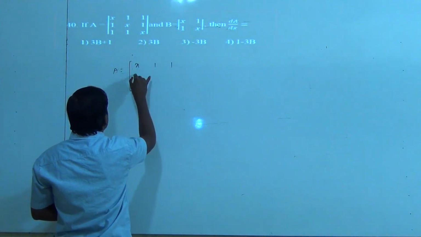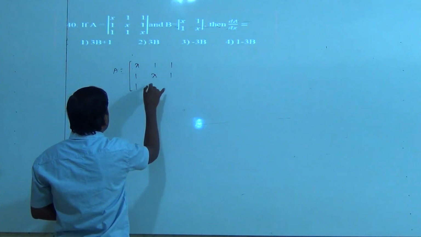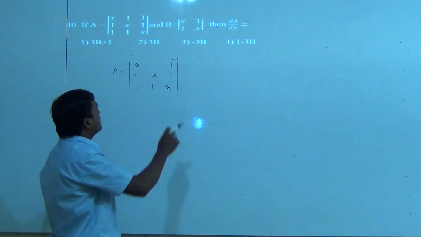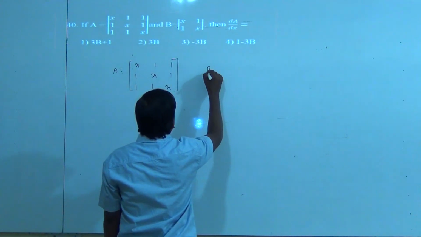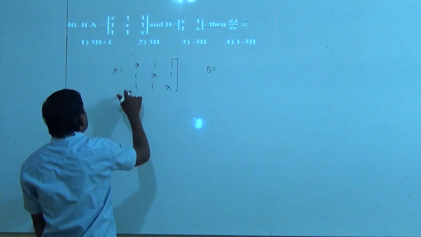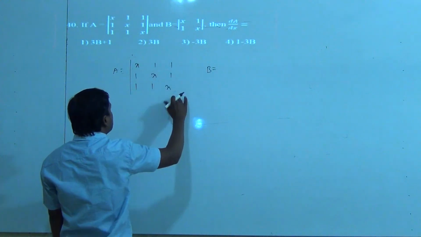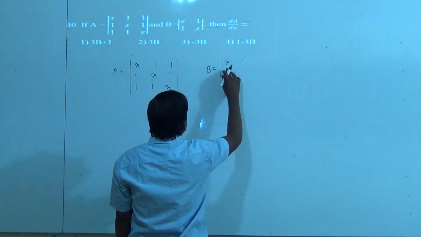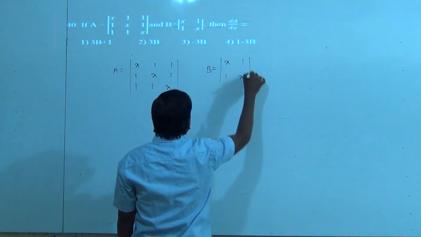Determinant of x 1 1, 1 x 1, 1 1 x. So they have given matrix A, and also they have given B. So this is a determinant, right? And B they have given what? Determinant of x 1, 1 x.